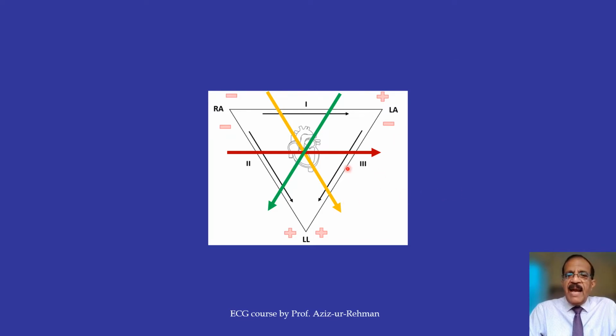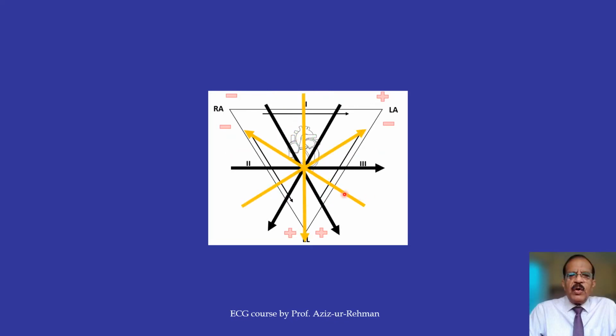Now we add the augmented leads to further refine our diagram. So these three bipolar limb leads are coded black here: 1, 2, 3.